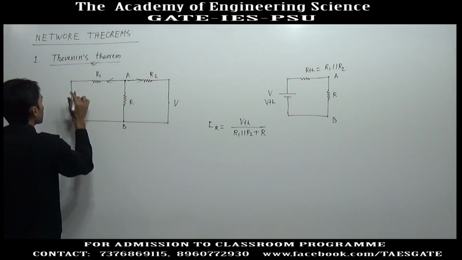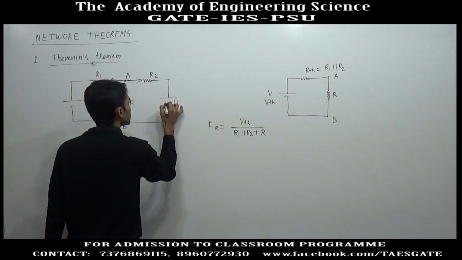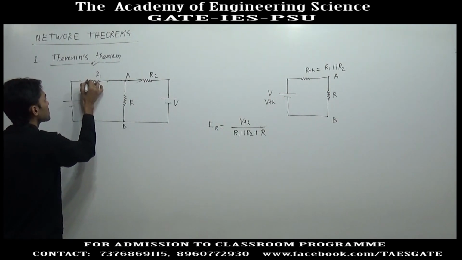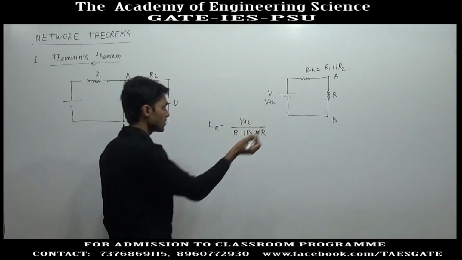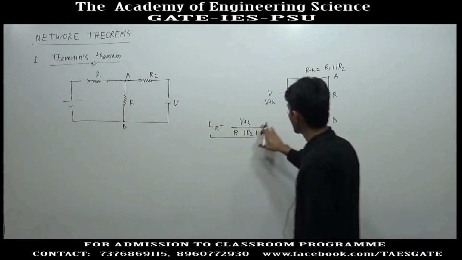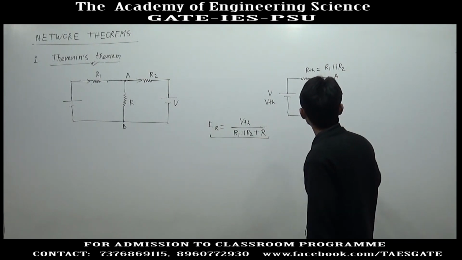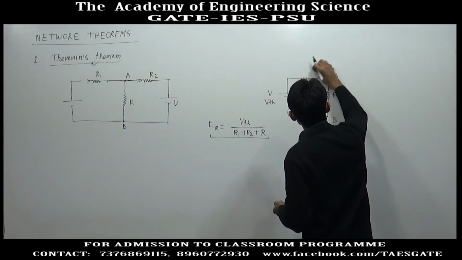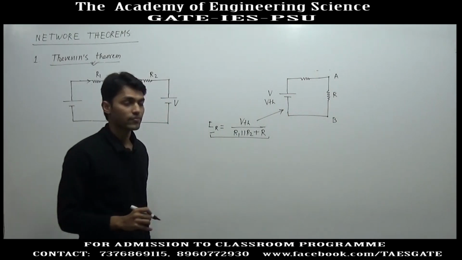Now this is voltage source V, this is also V. Now if you are asked to calculate the current through this resistance R using Thevenin equivalent circuit, you will calculate IR, and IR is VTH divided by R1 parallel R2 plus R. And if I ask you to show this current in the circuit, where will it flow?